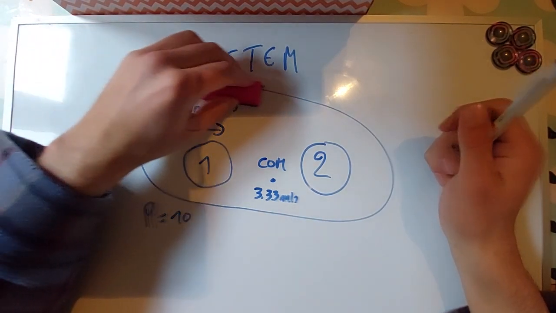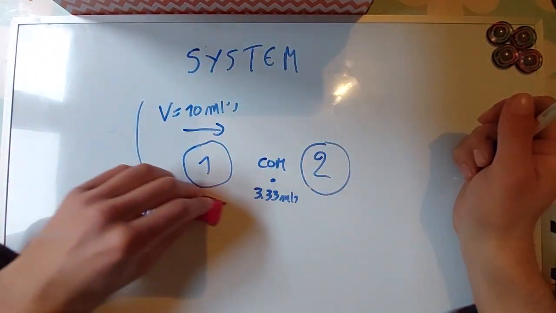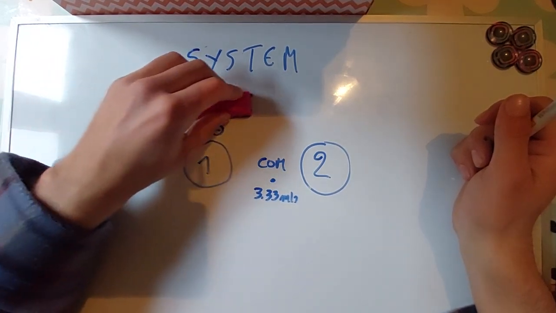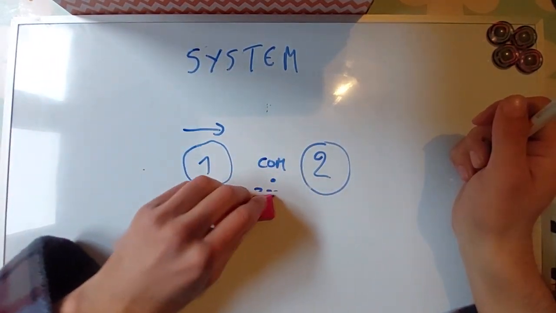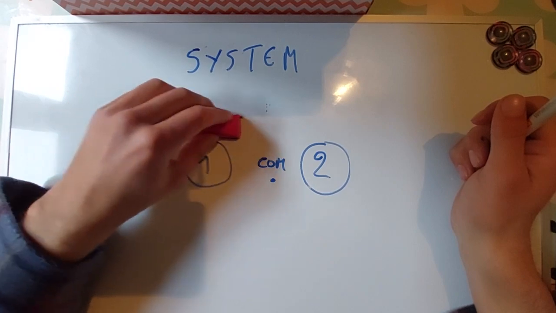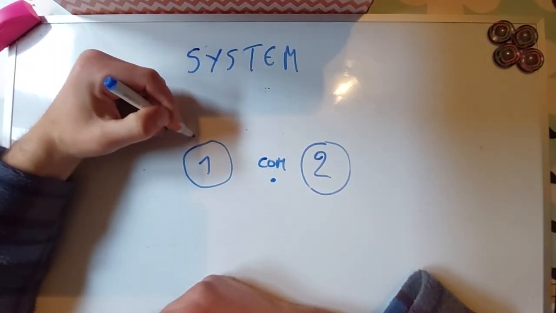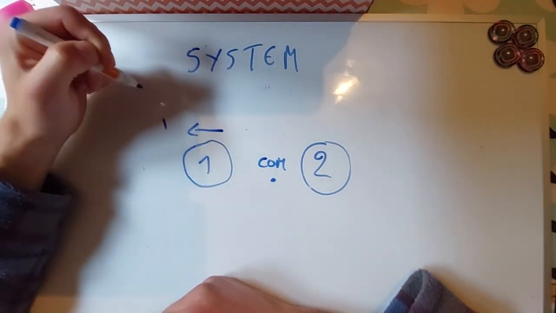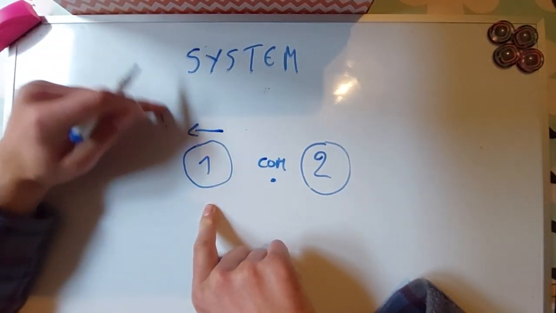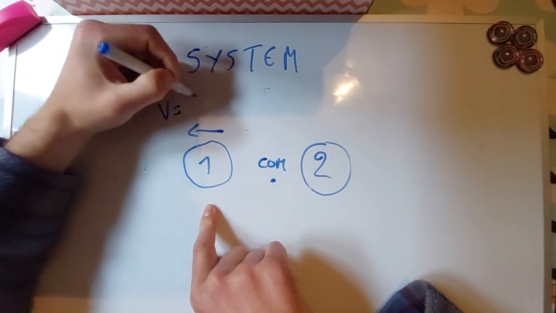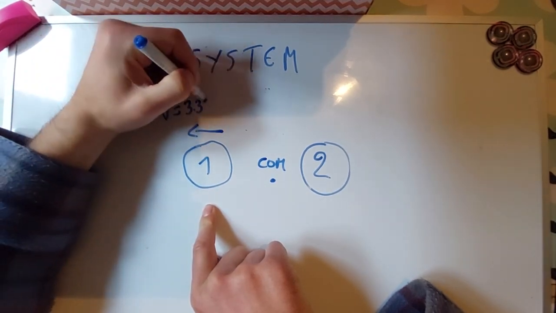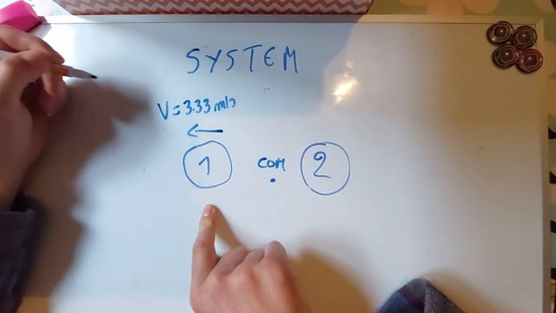Now, after collision, according to the conventional science model, the 1 kilogram ball will reflect back with 1/3 of the initial velocity, which will be 3.33 meters per second.